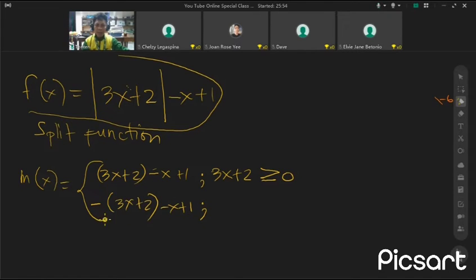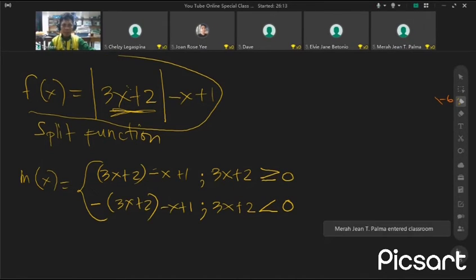On the other hand, this is negative if the terms inside the absolute value sign, 3x plus 2, is less than 0. What are numbers less than this? If we had already simplified this, then simplify this and this one and this one.